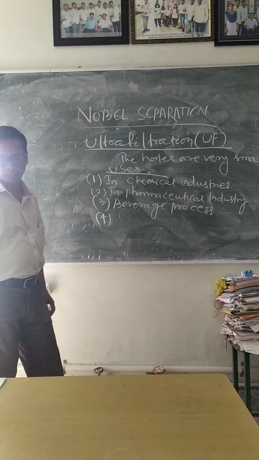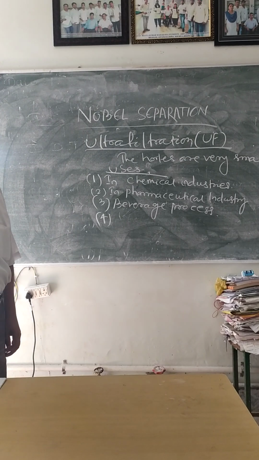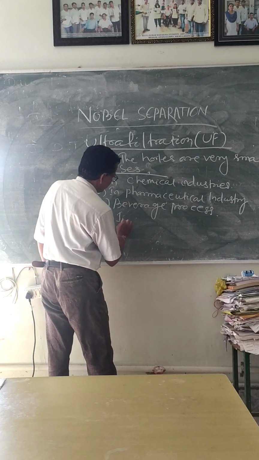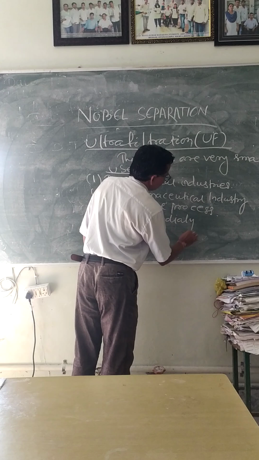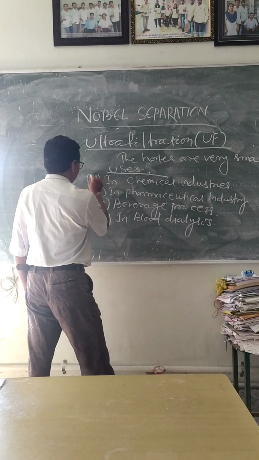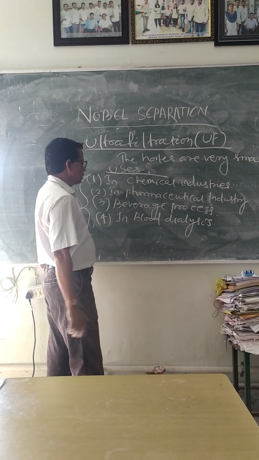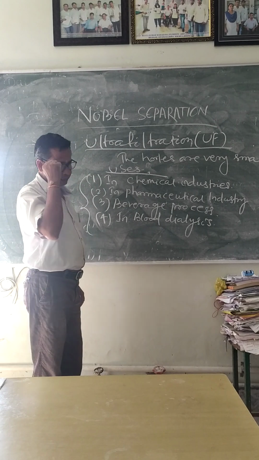Number 4, blood dialysis. So, uses of microfiltration and ultrafiltration are in chemical industries, pharmaceutical industries, beverage process, and also in blood dialysis.